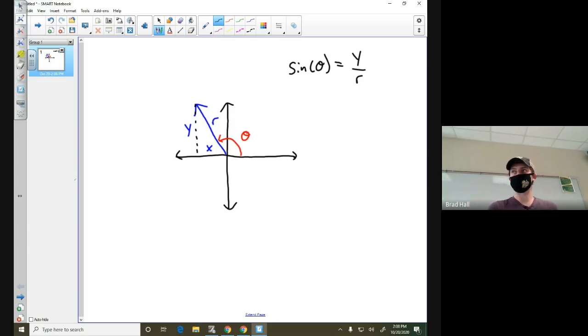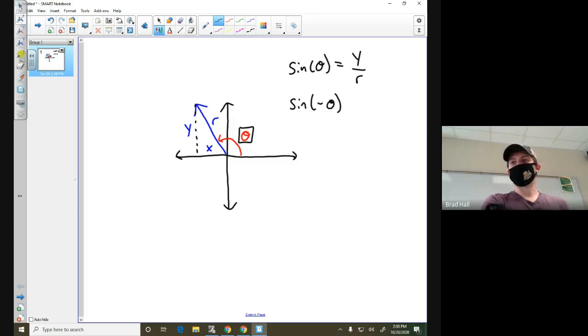So now the question is, what about if we looked at not theta, which is the regular angle, but what about if we tried to consider what negative theta would be? If we made the angle completely negative, what would happen? That's the question here.